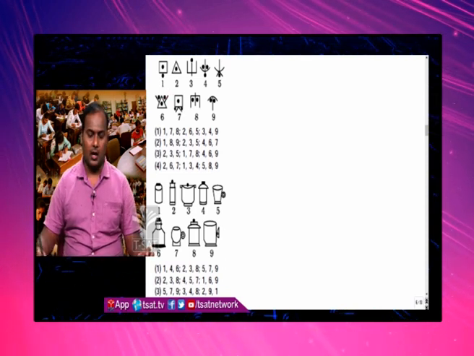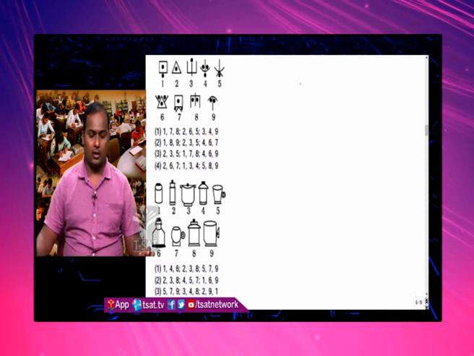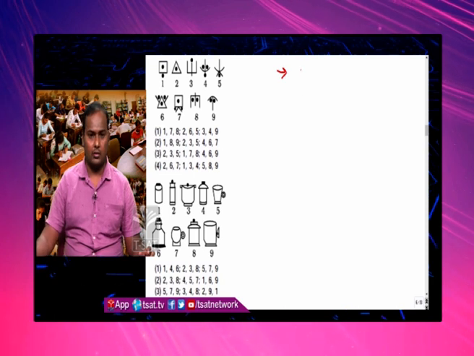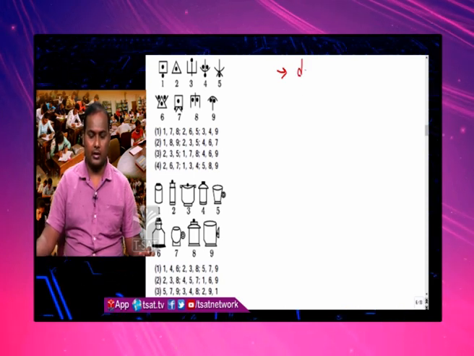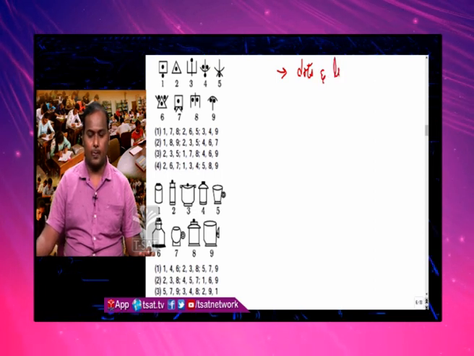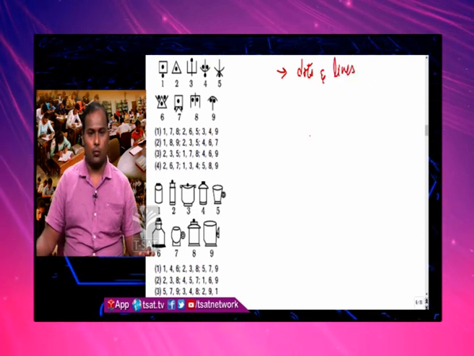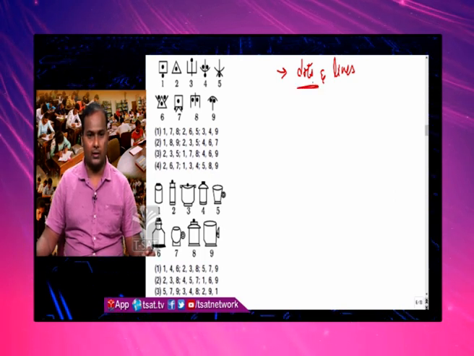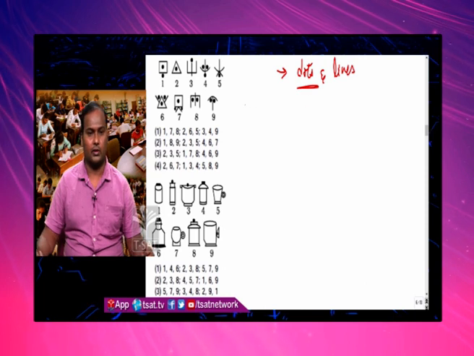So simply I can segregate or classify this particular question based on circles, or I can say dots and lines, right? But what I feel is, by seeing only dots also you will get the answer in this particular case. So let's try to check with it.